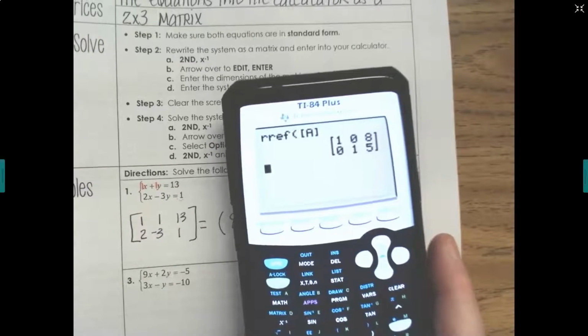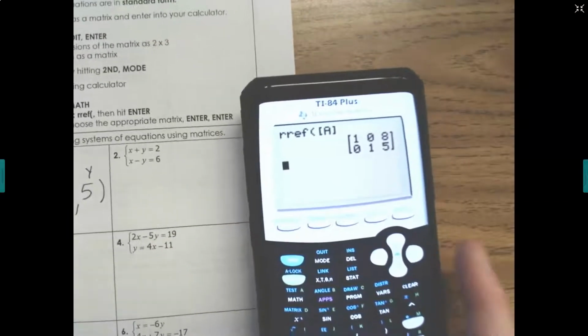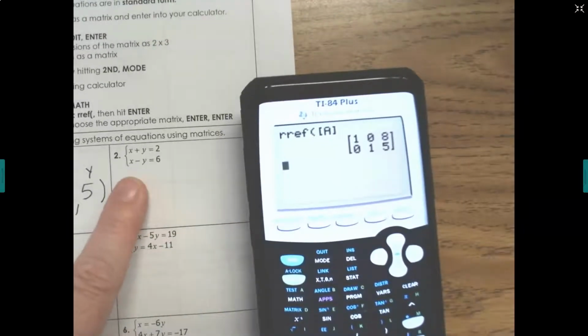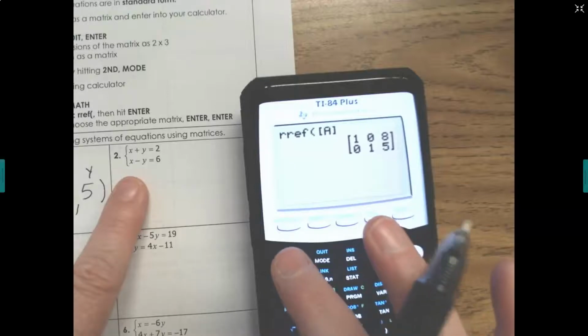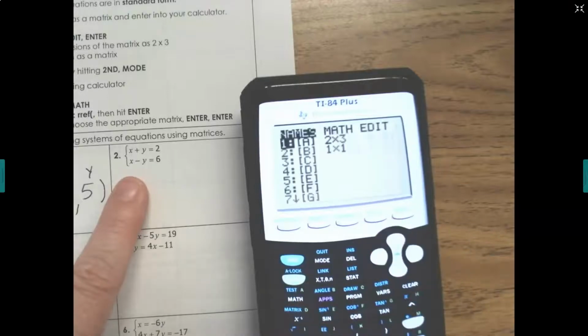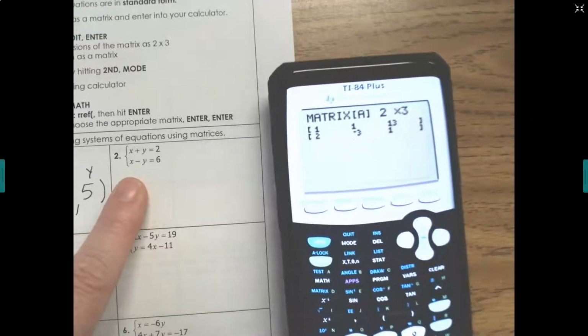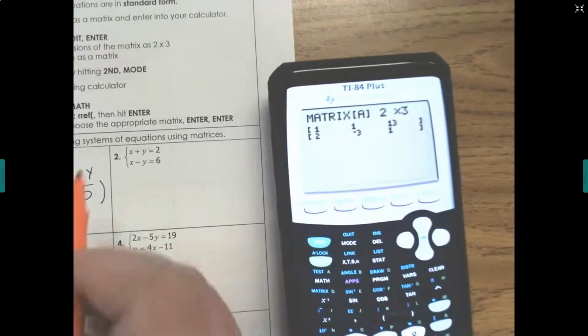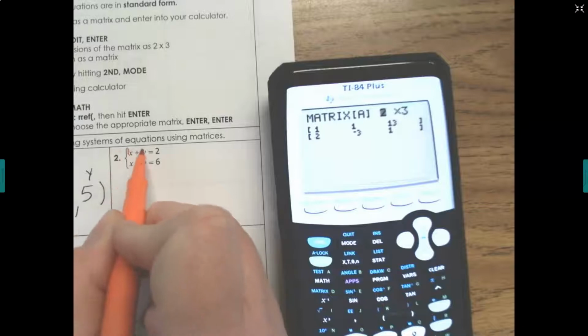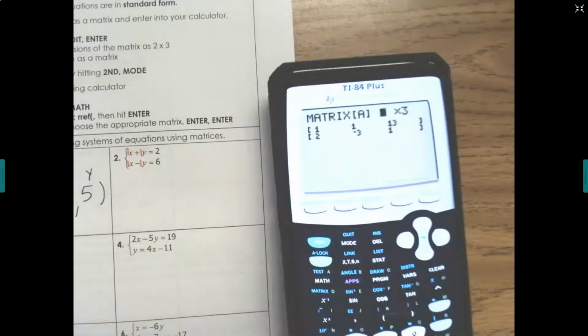Okay, so let's try this again. Let's try number 2. We're going to go into second, x negative 1, go over to edit, enter. You should already be the correct size because we just changed the dimensions. If you remember, every one of those has an understood 1 in front of it.